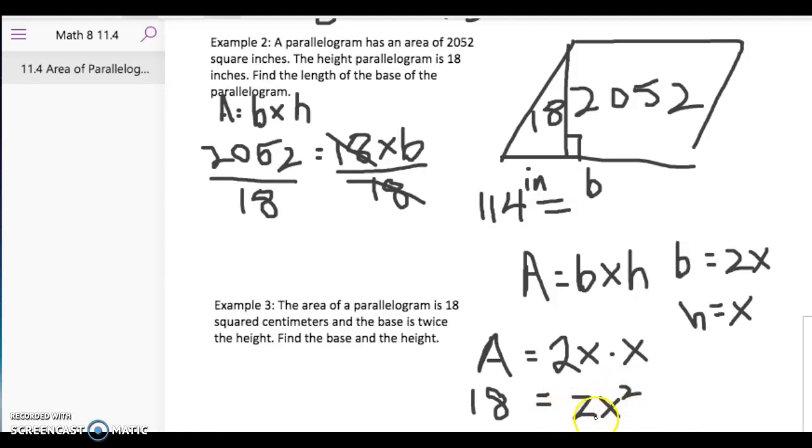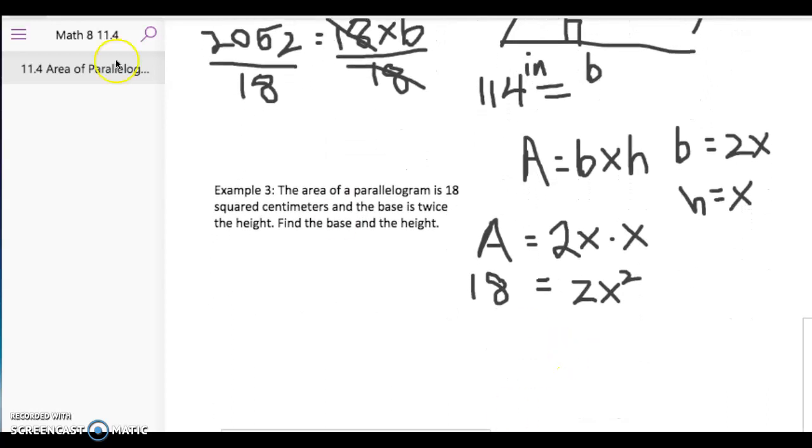And then, let's see if I can make more room right here. Give me 1 second. Let me make more room. There we go. And then right here, I divide 2 on both sides, which gives me 9.